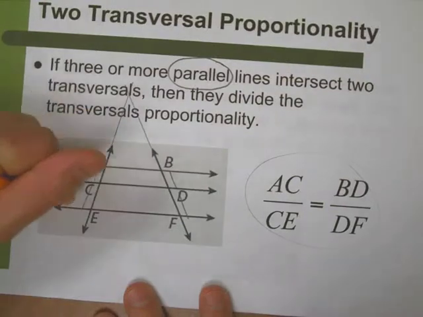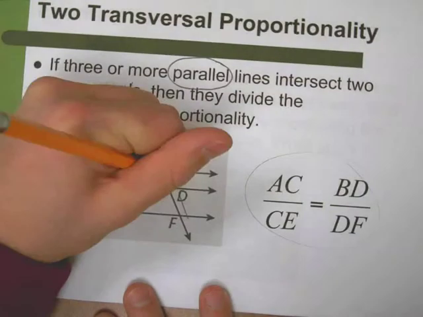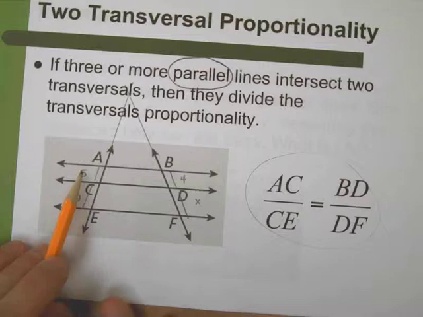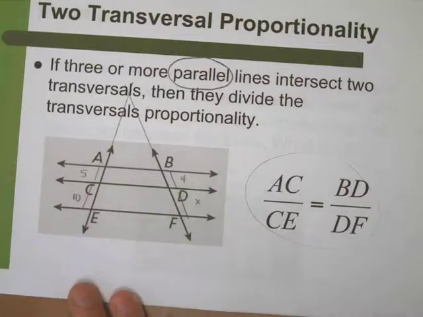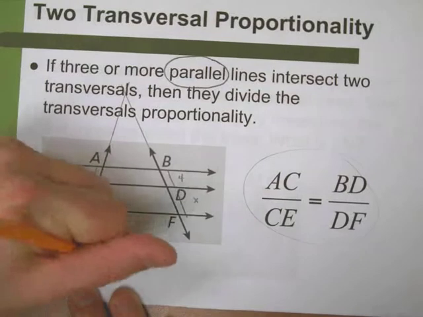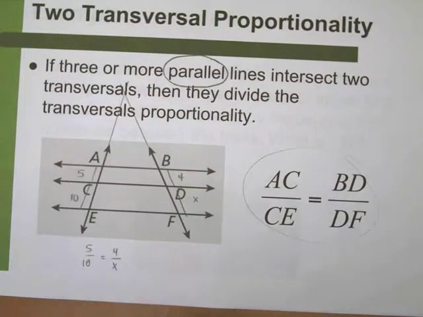What if this is 5 and this is 10, this is 4 and this is X? What's X? If these lines are parallel, I could say 5 is to 10 as 4 is to X. That's a basic example. You could probably do that one in your head. X is going to end up being 8, right? Or you could cross multiply to solve.